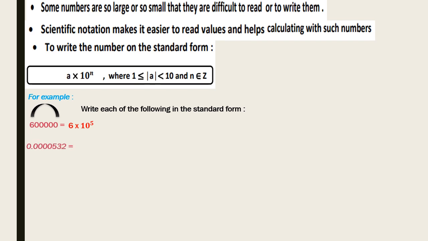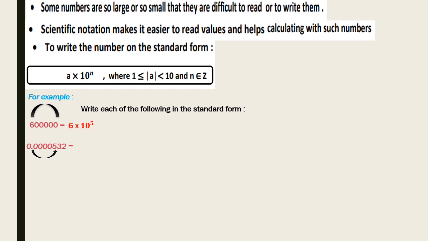Another example, if we have this number, it is so small and difficult to read, so we must put a decimal point between 5 and 3. Here you will move the decimal point from left to the right. Count how many steps: 1, 2, 3, 4, 5.